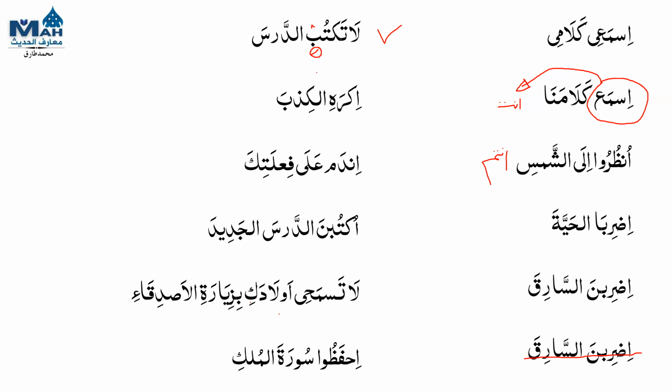If you are making it a nafi, there will be no grammatical change, right? There is no word like la taktubi. Either it should be taktubu, or taktubina and all something like that.